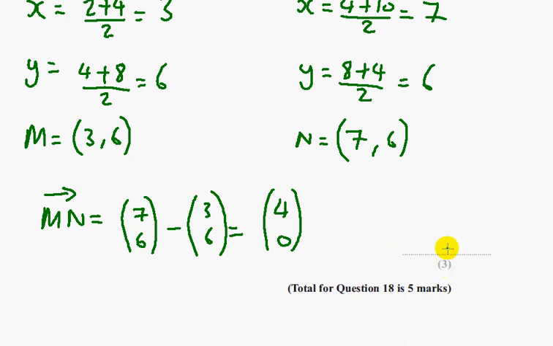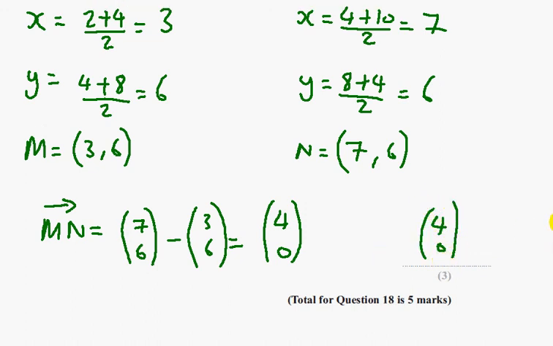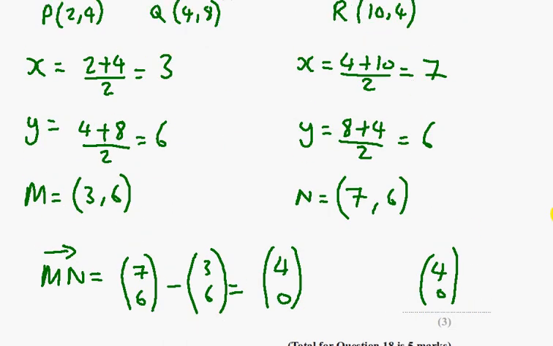So I'll just write that on the answer line. Part B is worth 3 marks in itself, so let's have a quick look at the mark scheme.